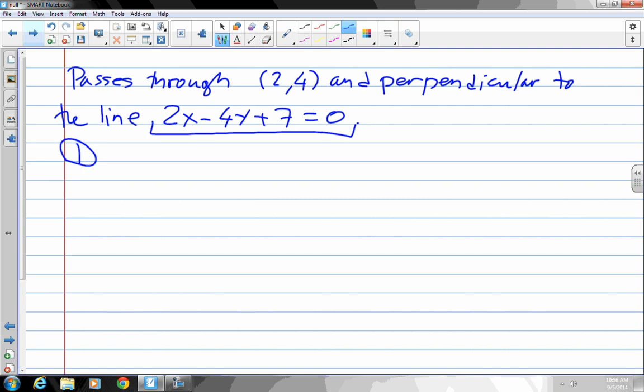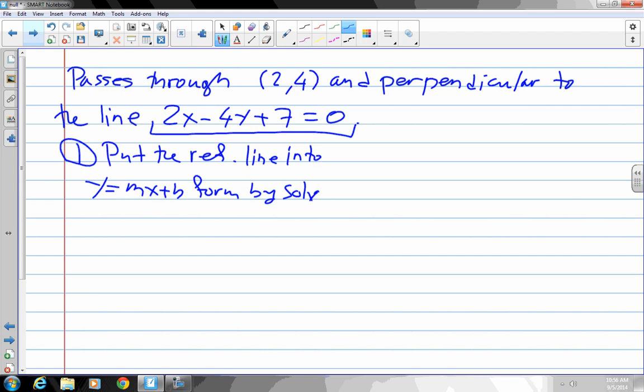So first put the reference line into y equals mx plus b form by solving for y. And I don't care about the intercept, I just need to see the slope.